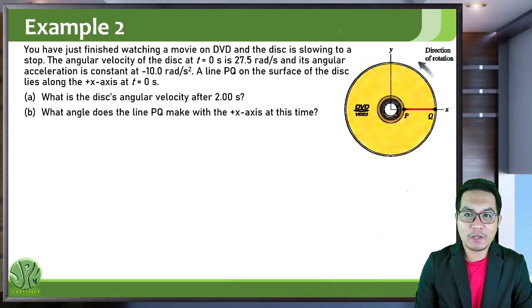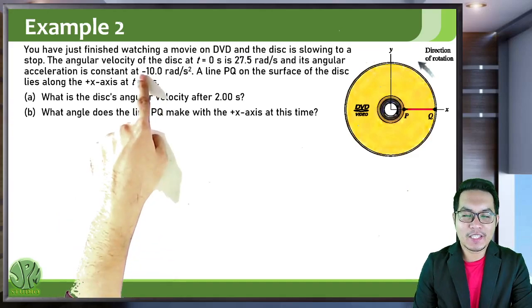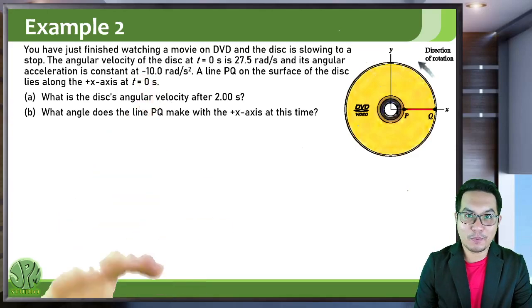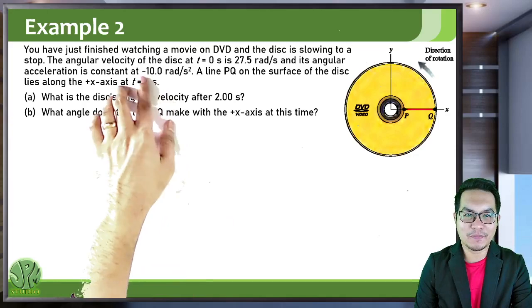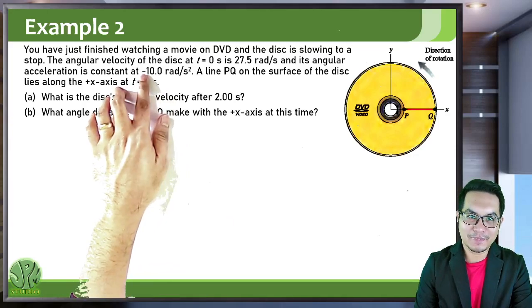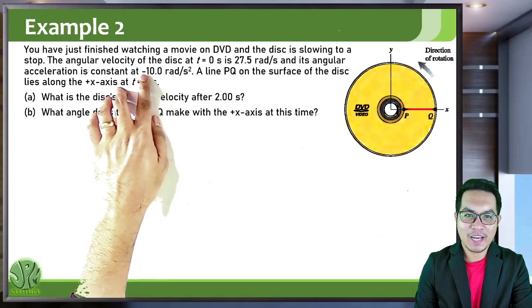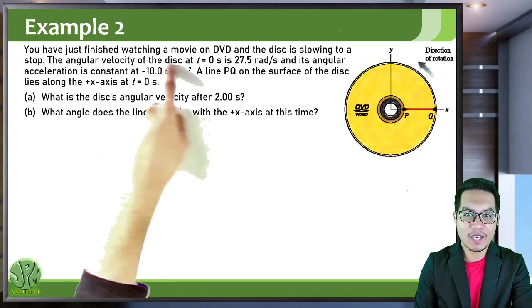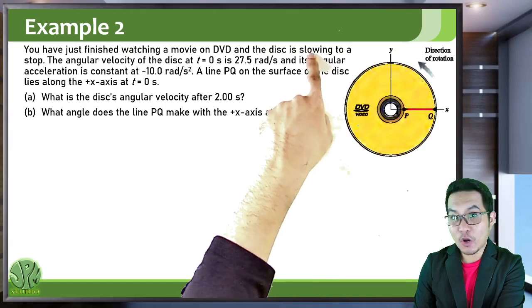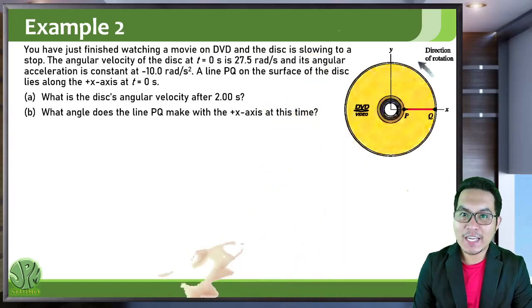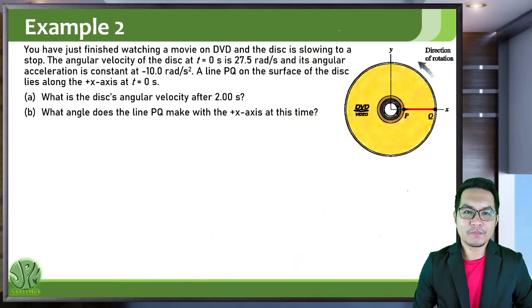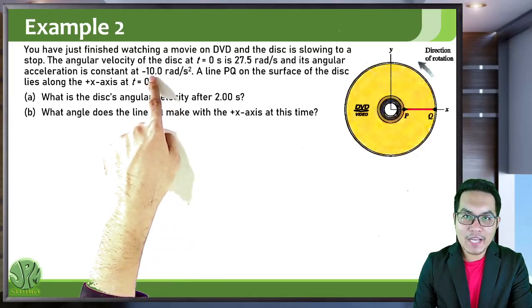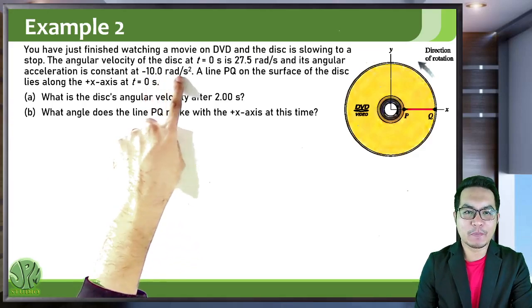And its angular acceleration is constant at, you will notice that it's negative here. But there are also problems that will not mention the negative value. You will just assume that it's negative because the disk is slowing down, meaning it's deceleration, so the acceleration is negative. So negative 10 radians per second squared.